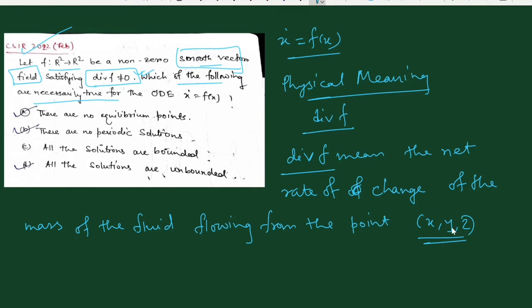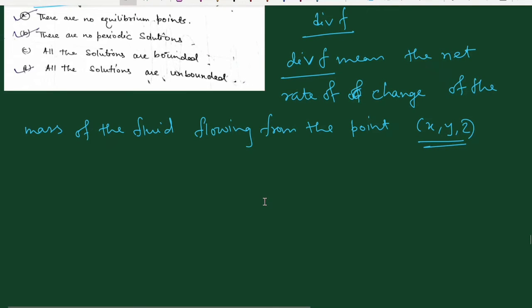This is in 3 dimensions. Generally we calculate the divergence in 3 dimensions, and here the question is in 2 dimensions. I just want to say about divergence in the normal definition. So suppose a 3 dimensional fluid flow, per unit volume. This can also be thought of as a tendency of a fluid to diverge from its point.